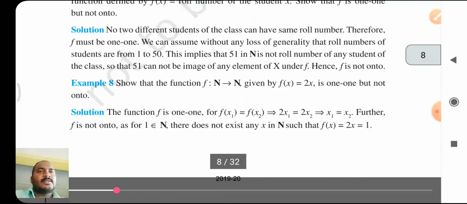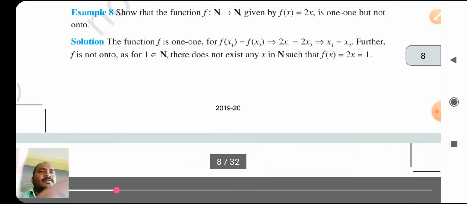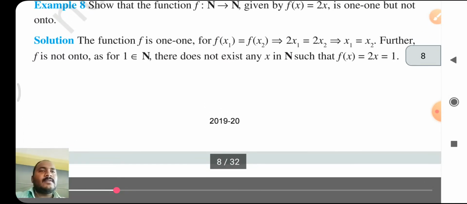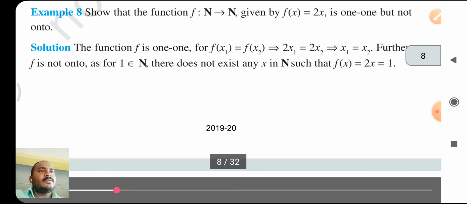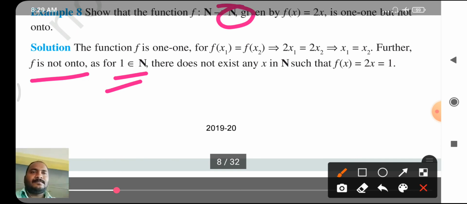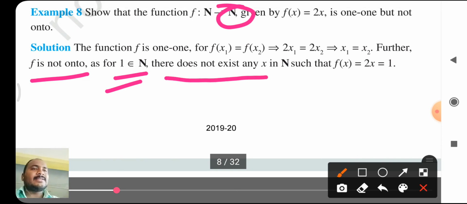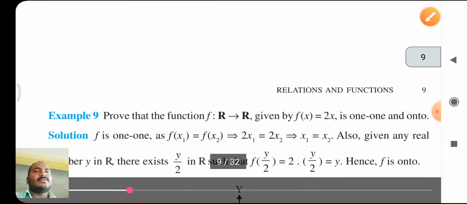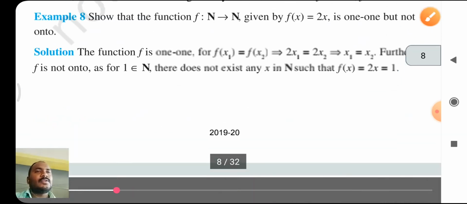Next, prove that f is not an onto function. Here we consider 1 belongs to the codomain N of the given function, then there does not exist an x in N such that f of x, 2x, is equal to 1.